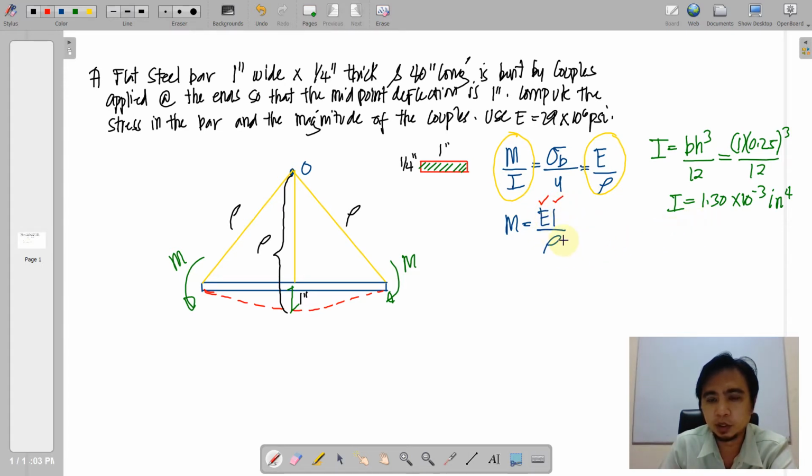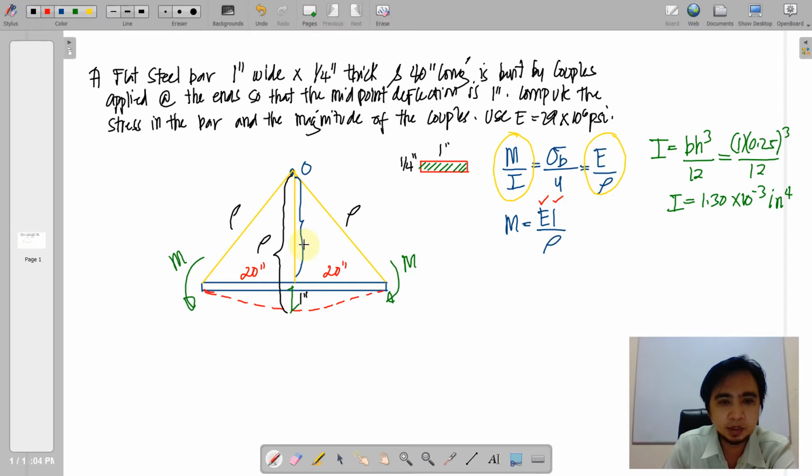Now we are going to calculate the rho here. We would want to utilize this right triangle here. The base is just half of 40, so we have 20 for the right triangle. And we use this dimension for the height of this triangle.